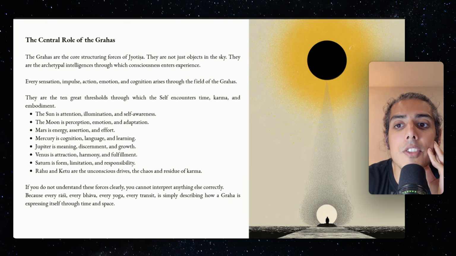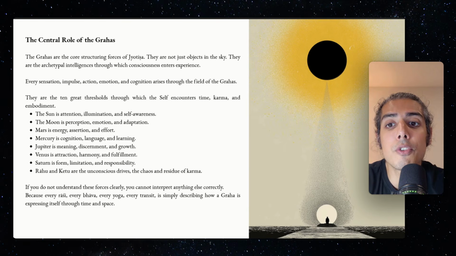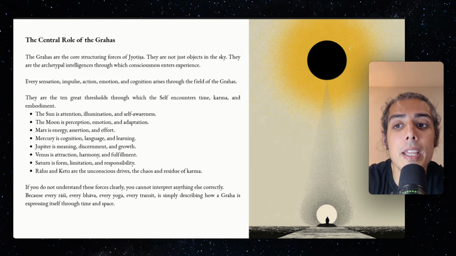So every sensation, impulse, action, emotion, and cognition arises through the field of the grahas. So they are the nine great thresholds through which the self encounters time, karma, and embodiment. Nine great thresholds, not 10. So Sun is attention, illumination, and self-awareness. The Moon is perception, emotion, and adaptation.